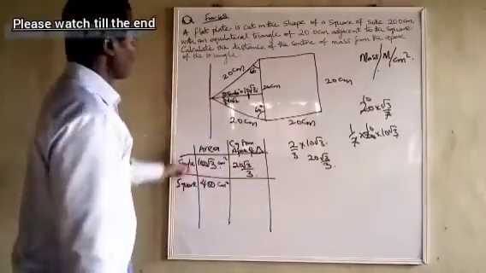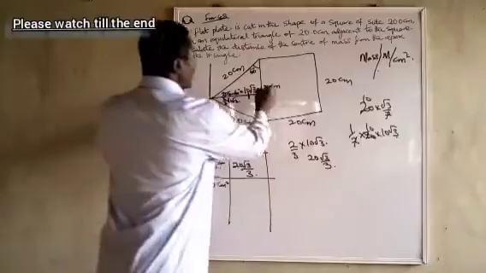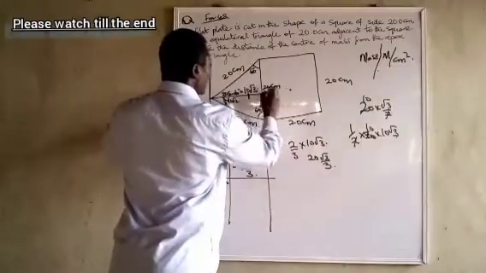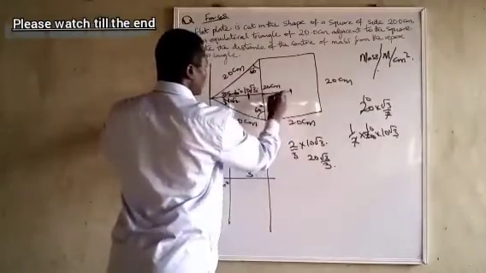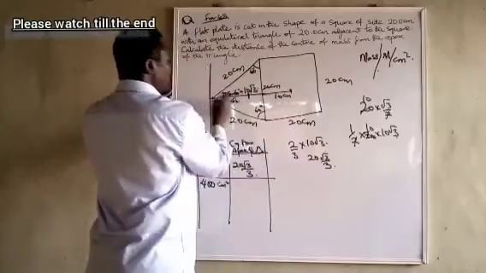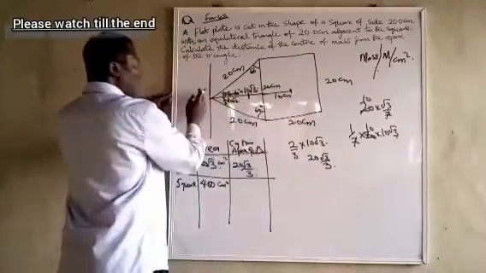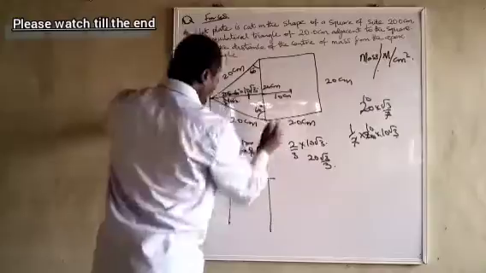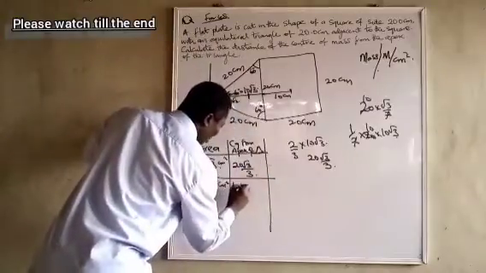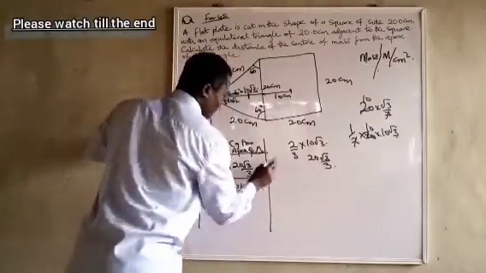For the square, the distance of the CG from its top edge is half of the 20 centimeters, which is 10. So the center of gravity of the square from the apex is 10 root 3 plus 10, so we have 10 plus 10 root 3.